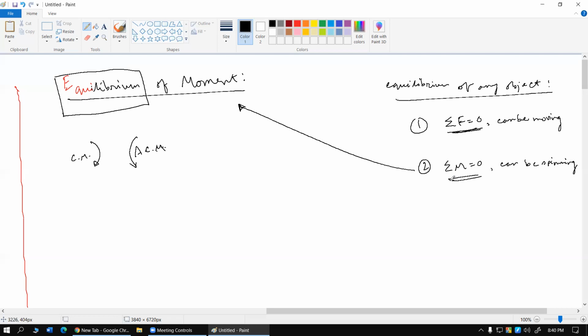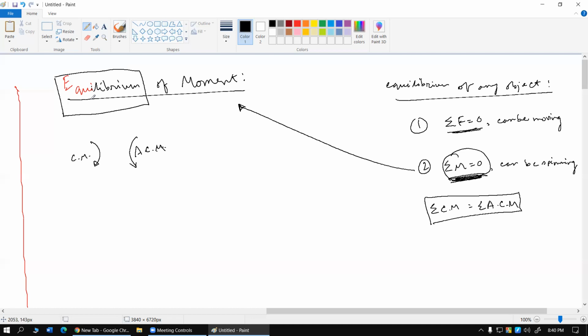Resultant moment being 0 means on an object, the sum of all clockwise moments should be equal to the sum of all anti-clockwise moments. So in your syllabus, in the idea of equilibrium of moment, they usually appreciate the explanation of this statement more than the other one. If you are asked, what do you understand by the equilibrium of moment on an object, or state the law of equilibrium of moment, and you write that an object would be in equilibrium if the resultant moment on the object is 0, the examiners are not that pleased.